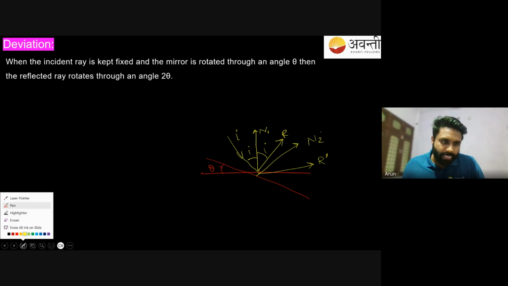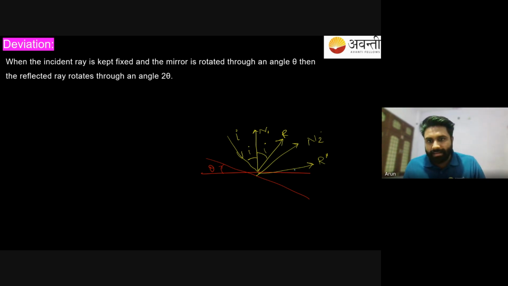Got it? Then this angle is also theta. So this normal and this normal will also have an angle theta, because the normal is also rotated by an angle theta. So from the new normal, what is the angle of the incident ray? Look very carefully, it is I plus theta.